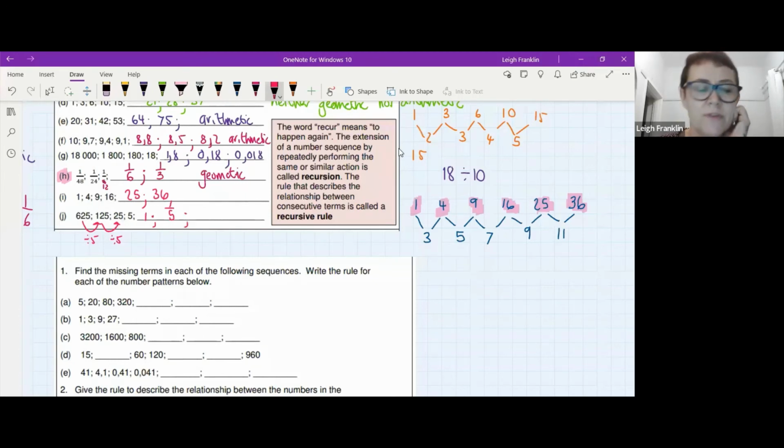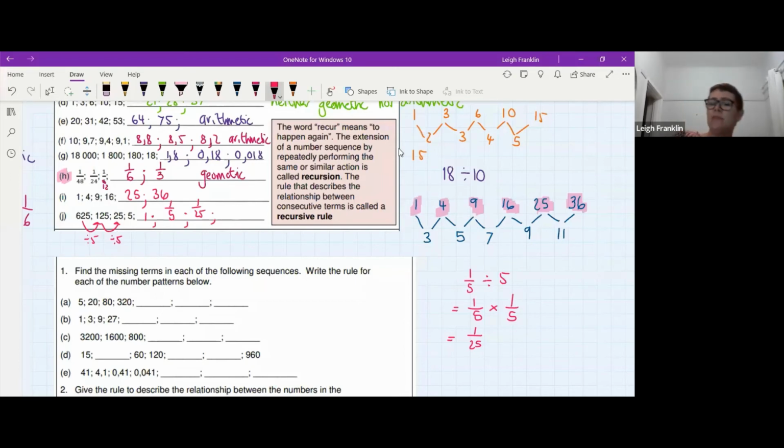And then what would we get after that? 0.5? You sure? If I take 1 over 5 and I divide it by 5? Then is it 1 over 25? It is. Okay, so remember when we work with fractions, we have to tip and times. Okay, so dividing fractions means tip and times. 1 times 1 is 1 and 5 times 5 is 25. So absolutely it would be 1 over 25, etc., etc.